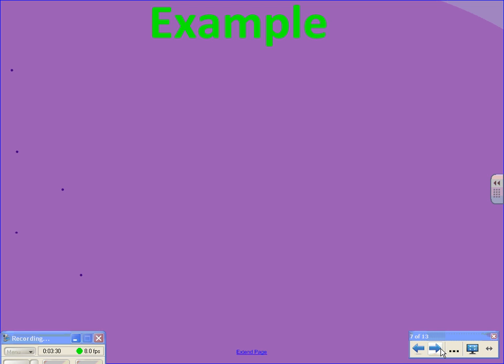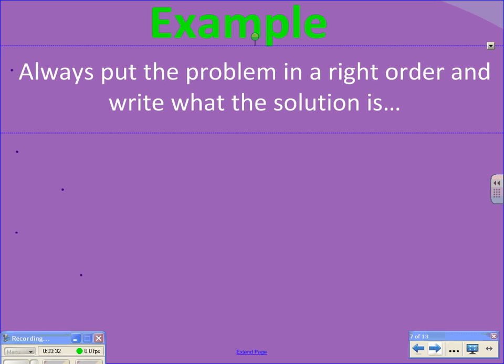Examples: always put the problem in the right order and write down what the solution is. So we got 4 minus 2x. To put it in order, we put the variable first, so the number without the variable goes last.